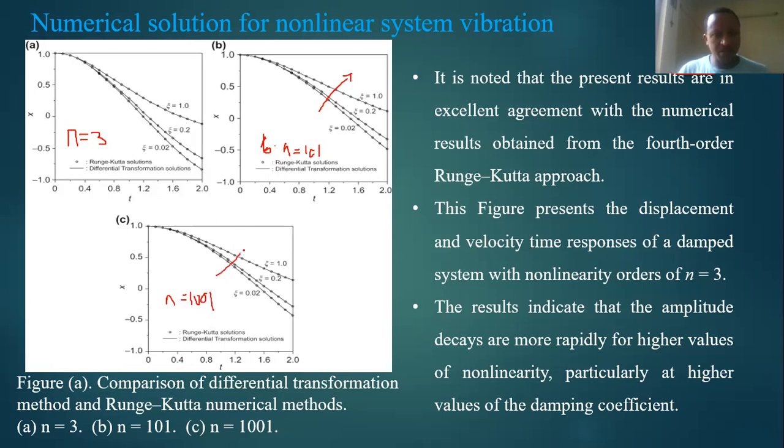So this is a plot of x of t for various values of zeta, the damping ratio, and for different values of n.